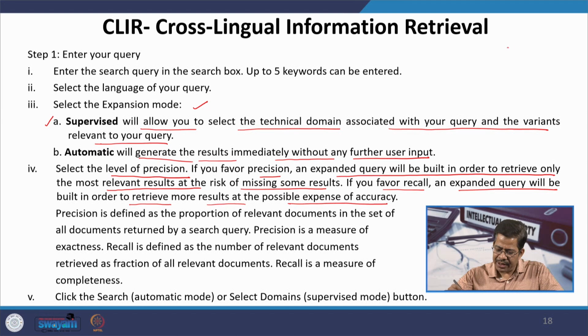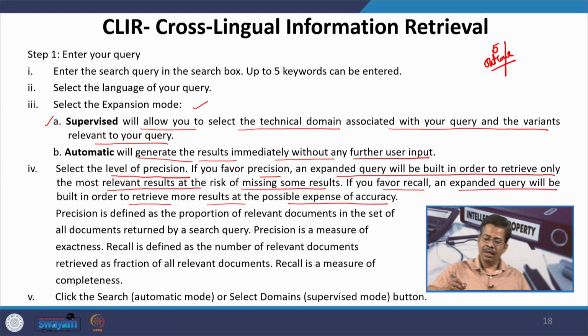Let us say I may get only 5 outcomes, and all these 5 are very much relevant to my query, but there may be 1, 2, 3 which are not part of this outcome, which may also be somewhat relevant to this particular query. So, this is highly relevant.